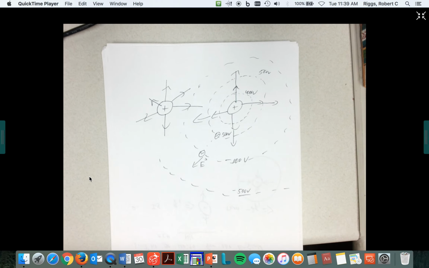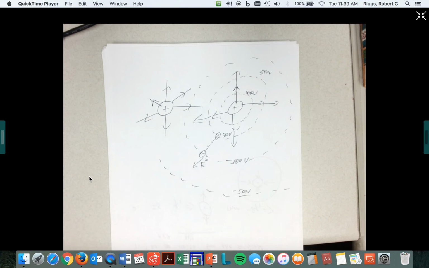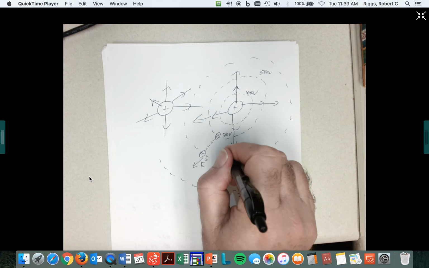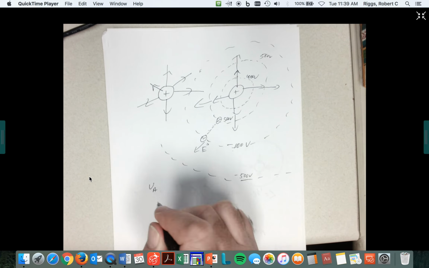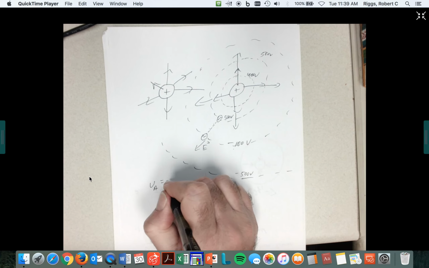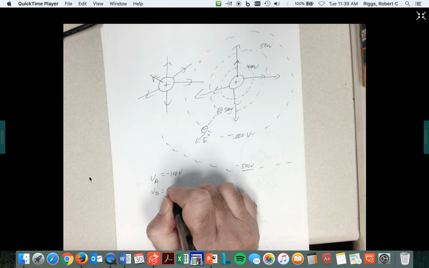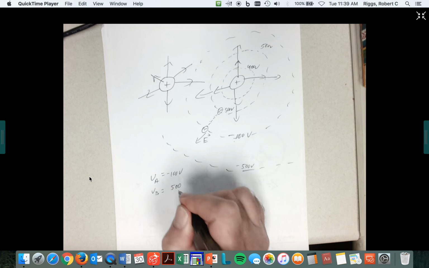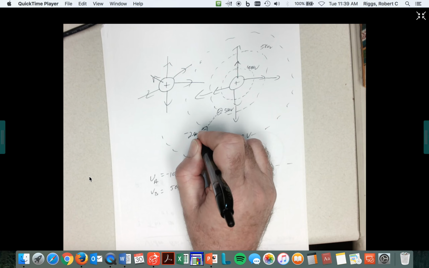So it went from negative 100 volts to 500 volts. So VA was equal to negative 100. VB was equal to positive 500. And let's say this charge is negative 2 microcoulombs.